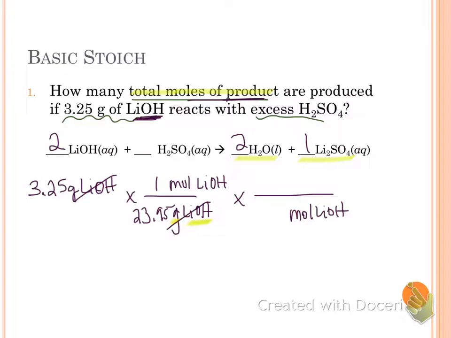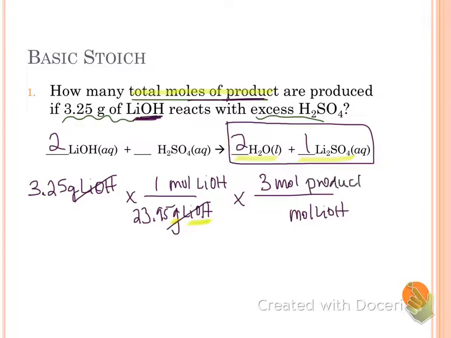So I have 3 moles of total product, 2 of water, 1 of the lithium sulfate. We could do 2 separate dimensional analyses, find our moles of water, find our moles of lithium sulfate, and add them together, but we do not have to do that. We can just add them together to get that 3 moles because we're always going to want that quickest, most efficient problem-solving skill for AP Chemistry.